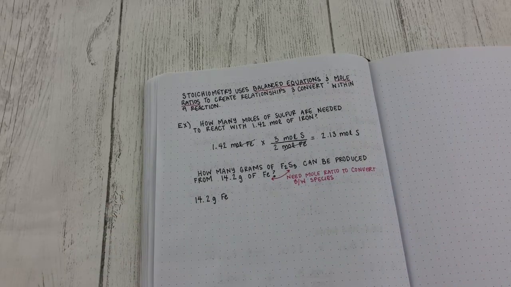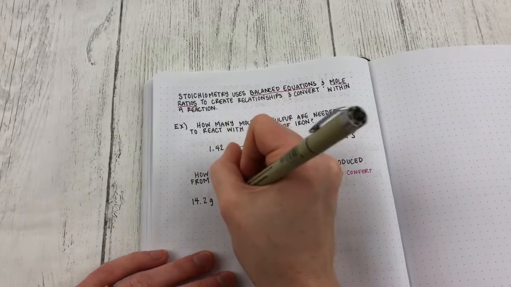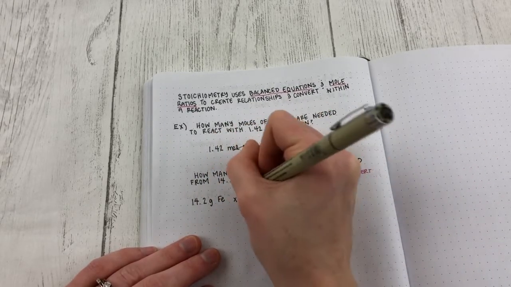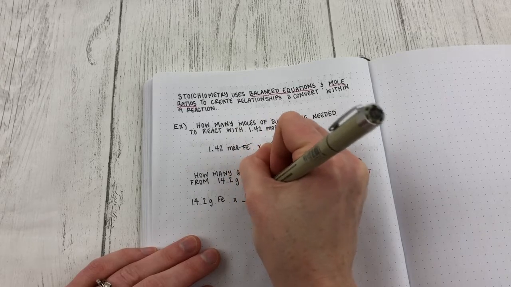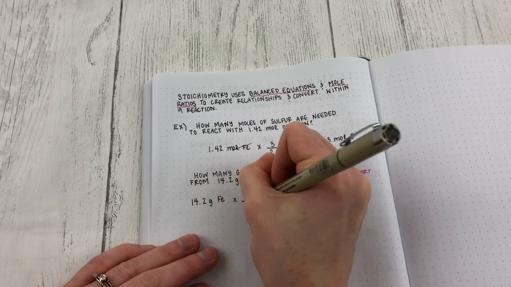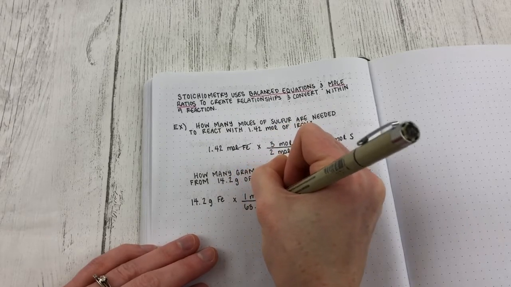I have to convert to moles so that I can use a mole ratio. And again, the mole ratios were what we wrote on the previous page, all of those relationships. So I'm going to convert to moles of iron. I'm going to put the molar mass of iron under 1 mole of iron.